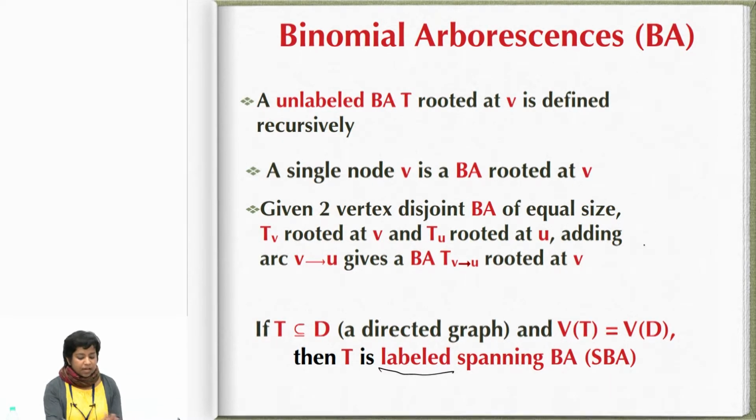When I was merging them, the roots had specific identities, and I took them from a bigger graph, and all the vertices of that graph were present in this binomial arborescence, and that's why it is a labeled spanning binomial arborescence. Any questions? Do you understand how I created this thing?